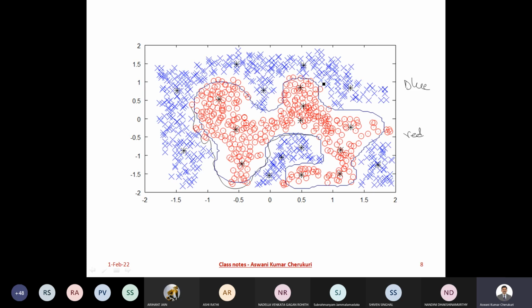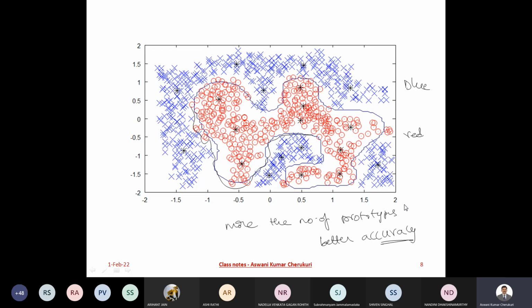With more hidden nodes, that means more prototypes, and the more prototypes, the better the accuracy. So this is the illustration of the RBF network.